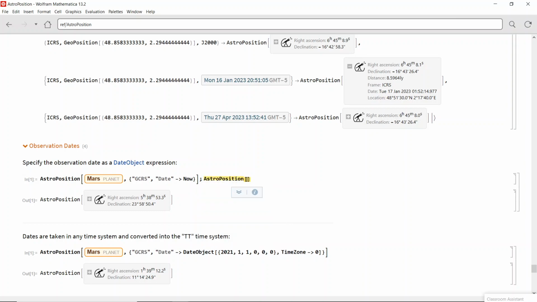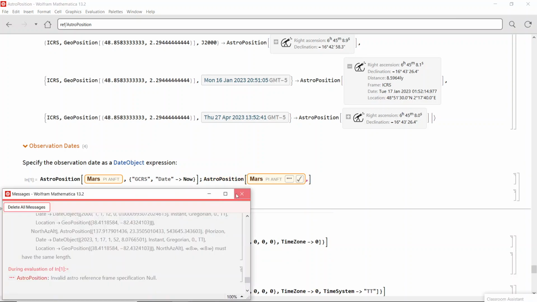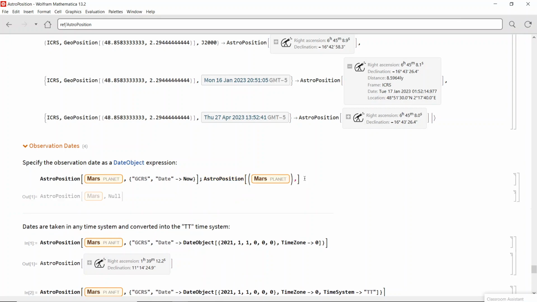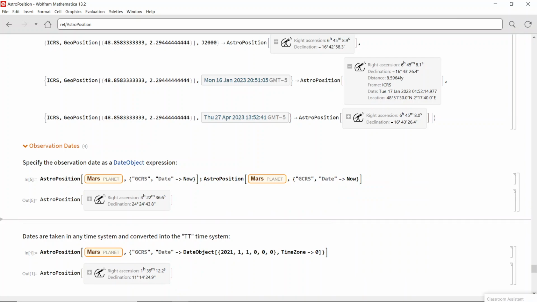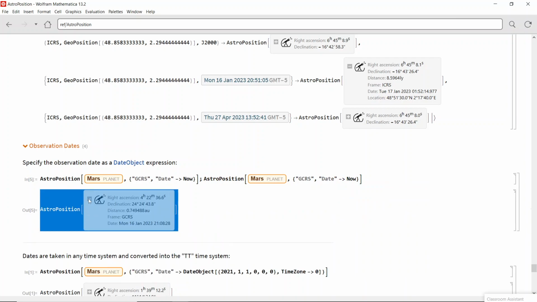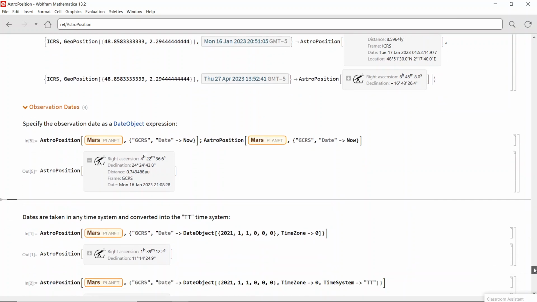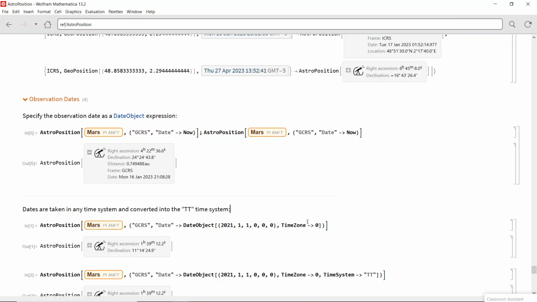AstroPosition, Mars, GCRS, date now. Dates are taken at any time system and converted into the TT time system.